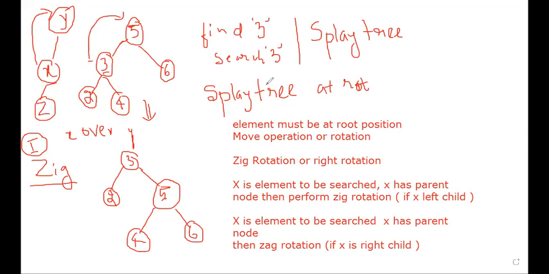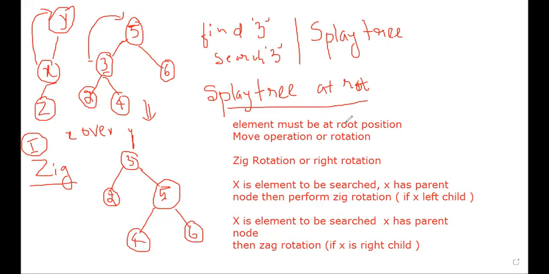A splay tree is a self-adjusting tree in which, for any operation you want to perform, you have to rearrange the elements of the tree. You rearrange such that the element you want to search, insert or delete is at the root position.